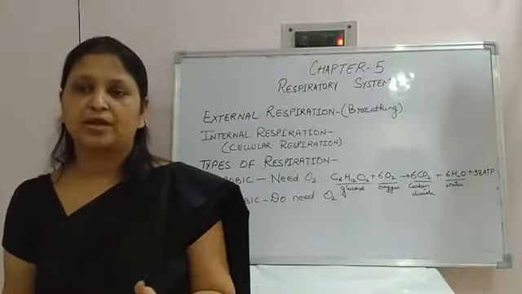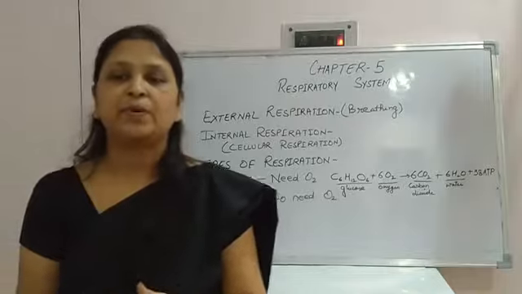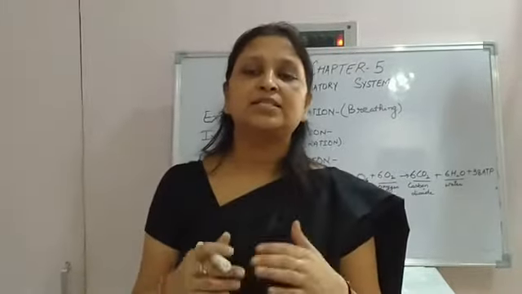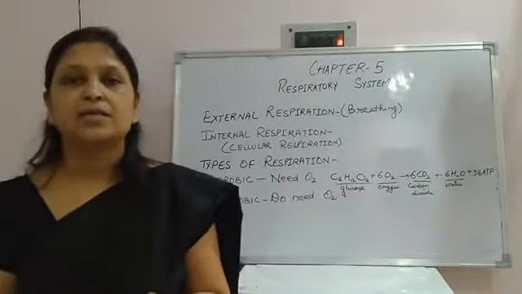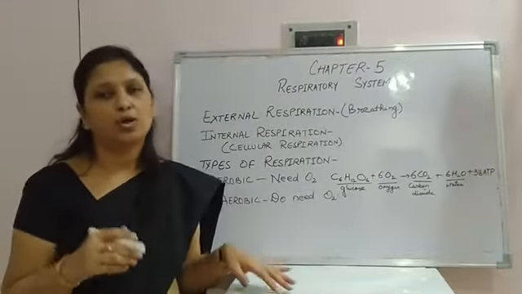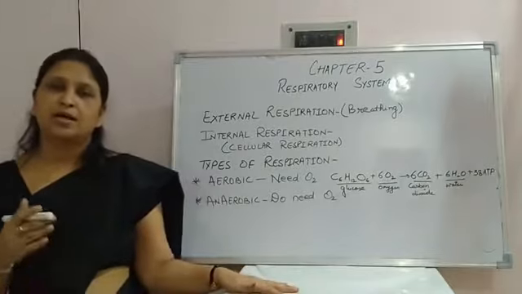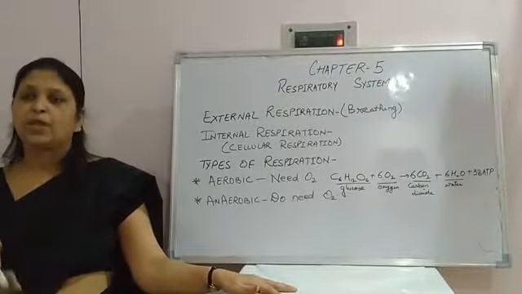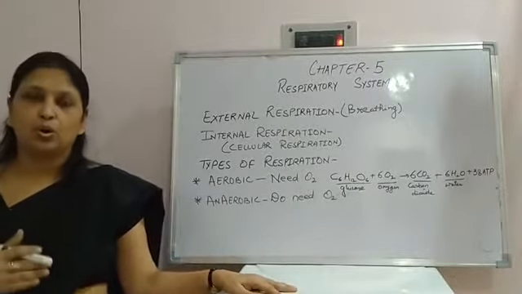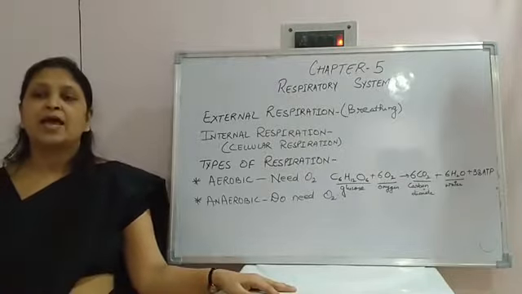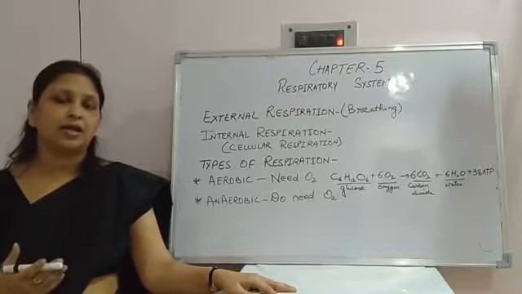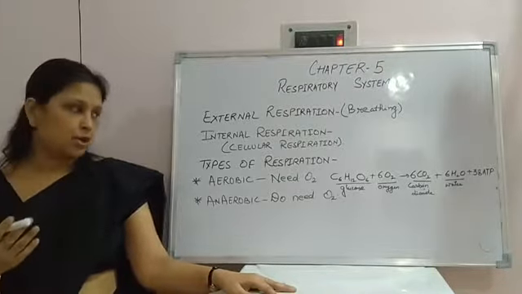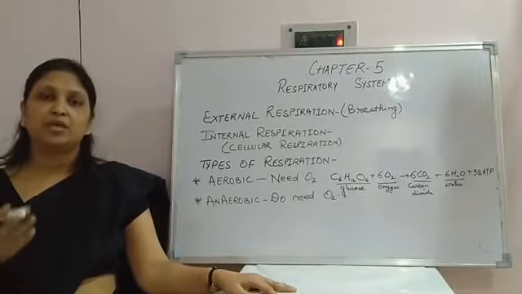Aerobic respiration is a process that takes place in all multicellular organisms, that is animals, plants and other living organisms. As you all know, we are breathing out carbon dioxide and breathing in oxygen.